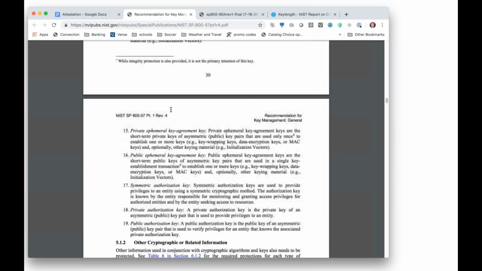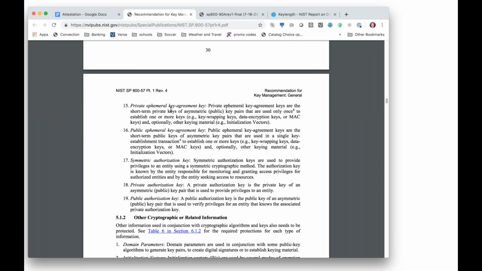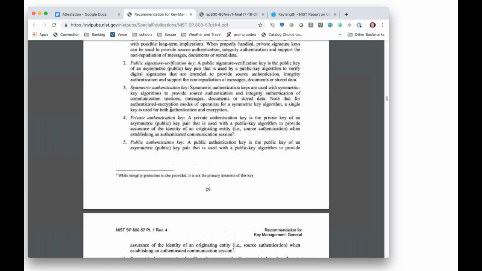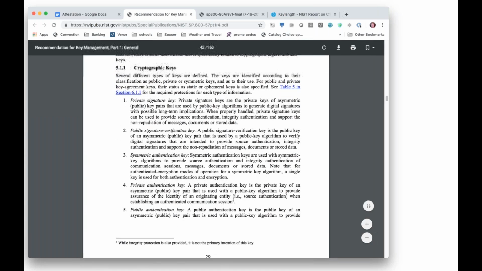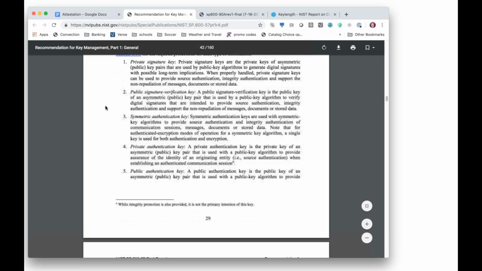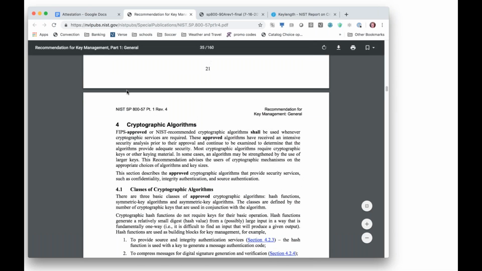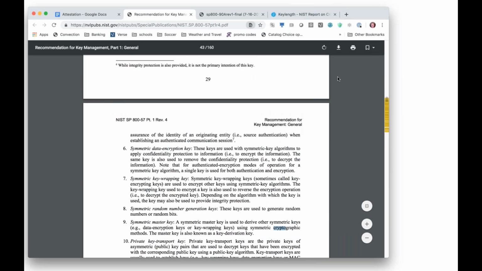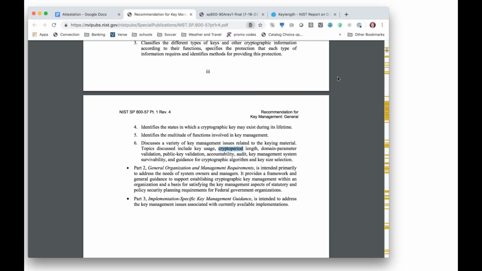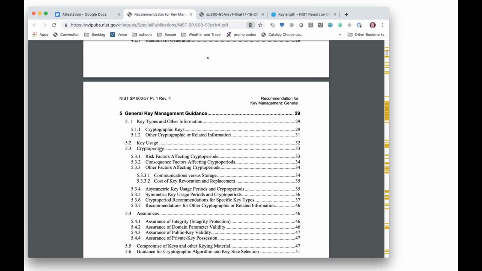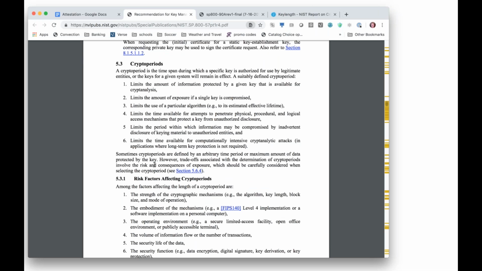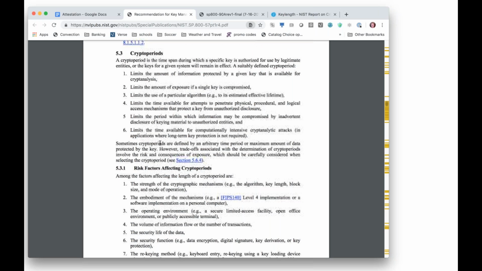There are 19 different kinds of keys, and it would be helpful to folks to define what they are, because the next thing is to go through crypto period. In this document, if we go to crypto periods, the type of key and the usage of that key affects what the proper crypto period decision is.